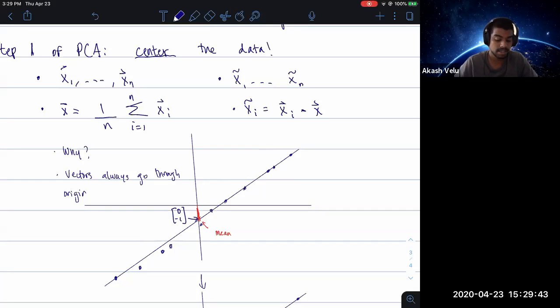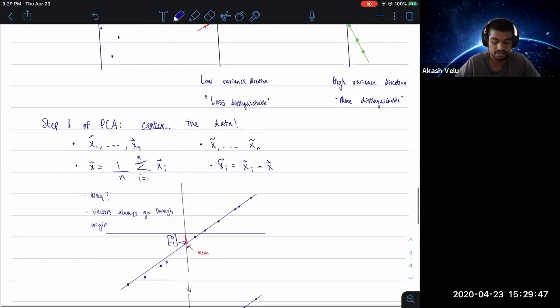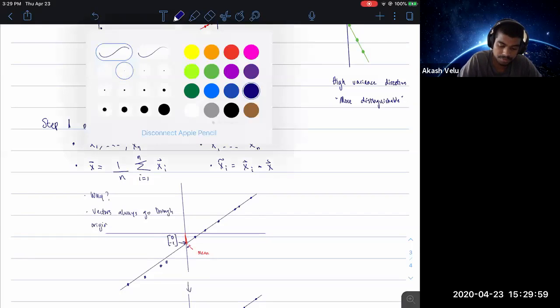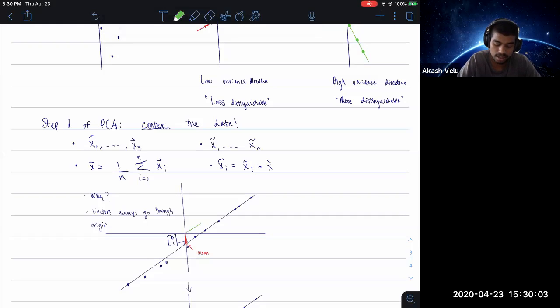Okay, remember again that our goal in PCA was to find the vector that maximizes the variance of the scalar projections along that vector. So in all of the diagrams, what we did was we kind of drew a vector and then we projected the points onto that vector.